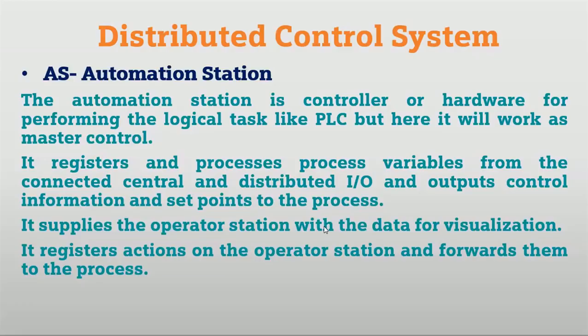It registers process variables from the connected distributed IO, and it can send data to inputs and outputs. It supplies the operator station with data for visualization, and it registers the actions on the operator station to forward them to the process.